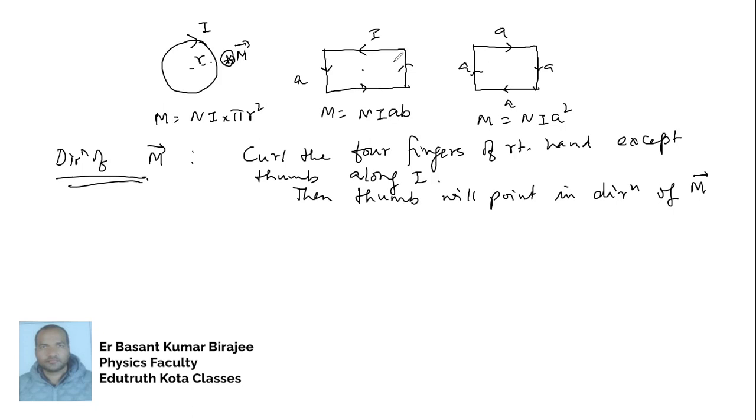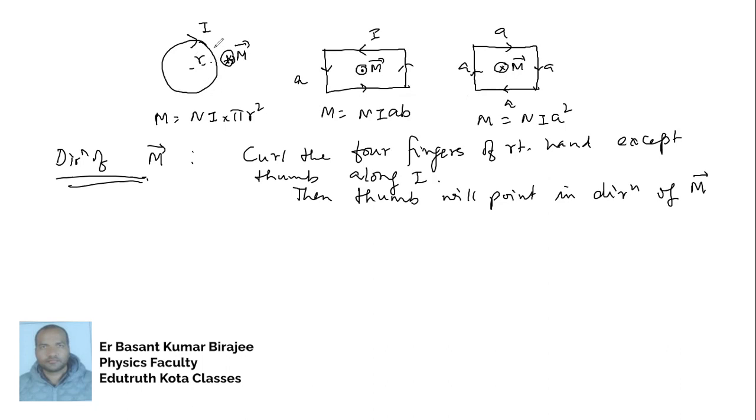Then for the magnetic moment here, you curl the fingers of the right hand along the direction of current, and then you see your magnetic moment here is perpendicular to the screen and outward. Here, perpendicular to the screen and inward. This is how we calculate the direction of magnetic moment.